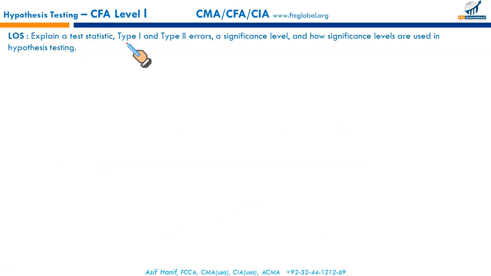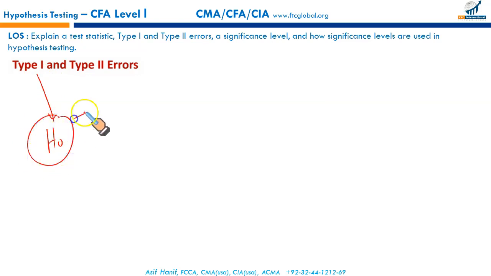Next we have the type 1 and type 2 error. Let us discuss. The type 1 error occurs when we reject a true null hypothesis. The null hypothesis was true, but we made a mistake. We rejected the true null hypothesis.